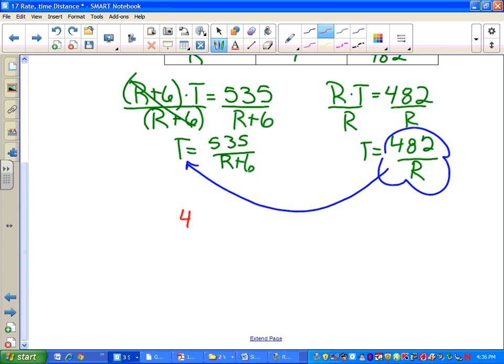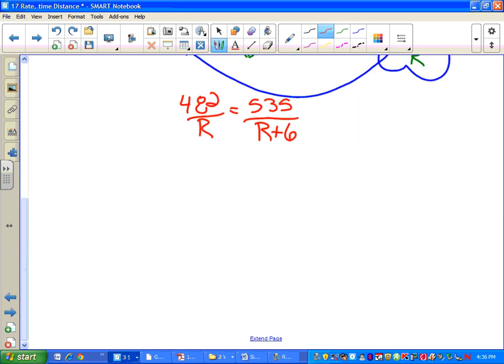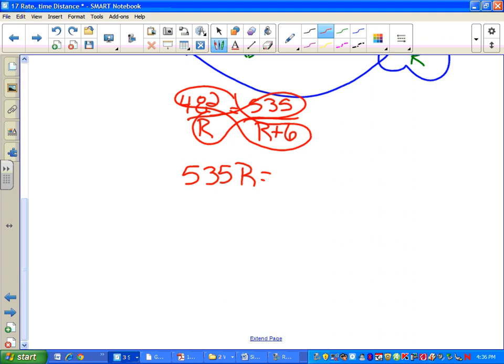We have 482 over R equals 535 over R plus 6. Now, as you remember, we can do cross products. 535R equals 482 times R plus 6.